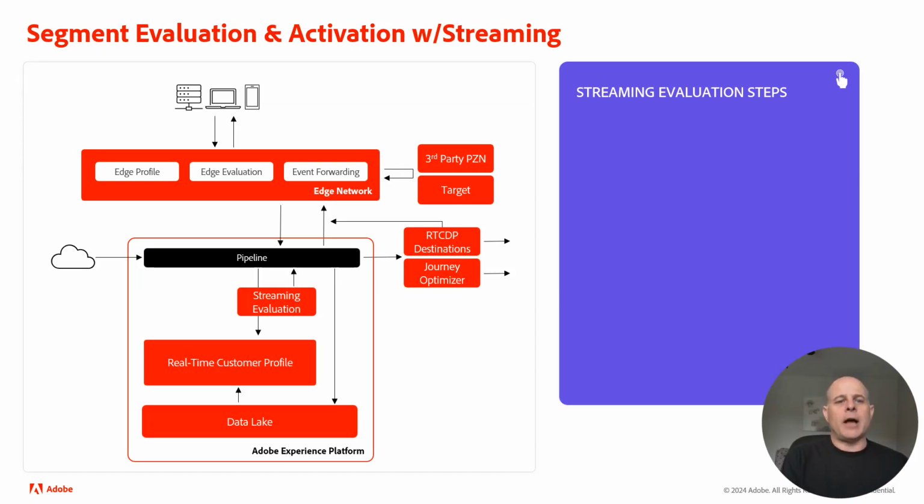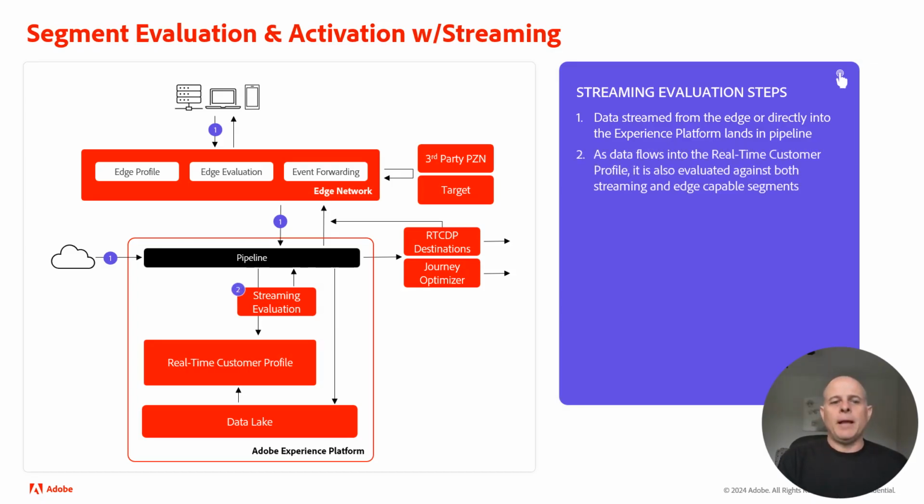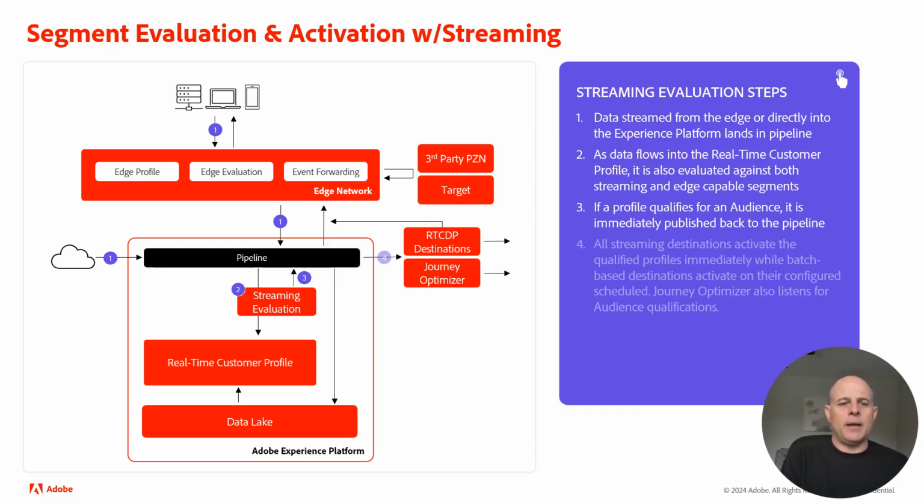For streaming evaluation, what we're looking at here is data may come in through the edge, but it also can be streamed in to the hub. Both of these eventually end up on the pipeline. Pipeline then kicks off any kind of streaming evaluation based on the event that just got sent in. That will also record whether or not they qualified for the appropriate streaming audiences and put the result back onto pipeline.